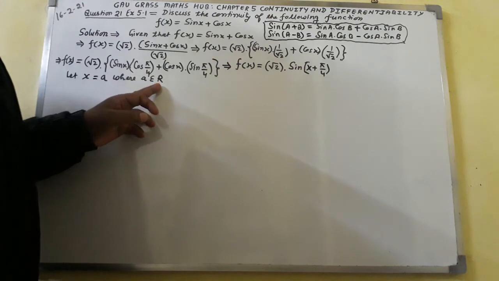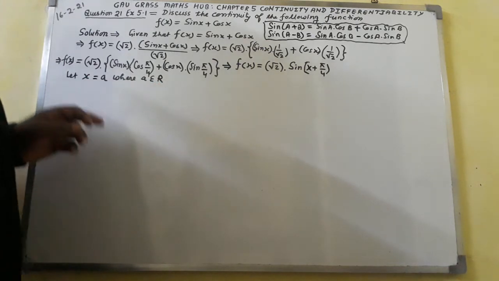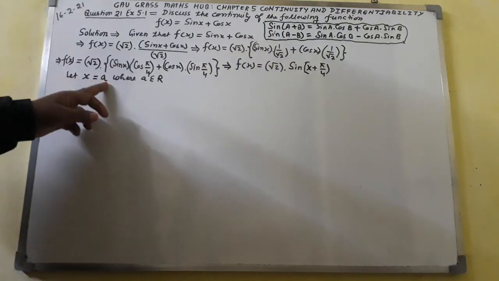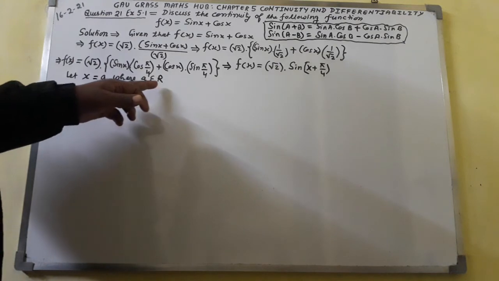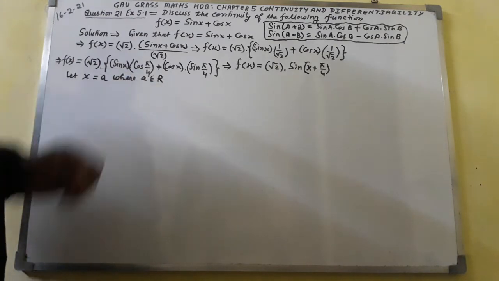Capital R is the set of real numbers. Let x equal to a, where a belongs to the set of real numbers.